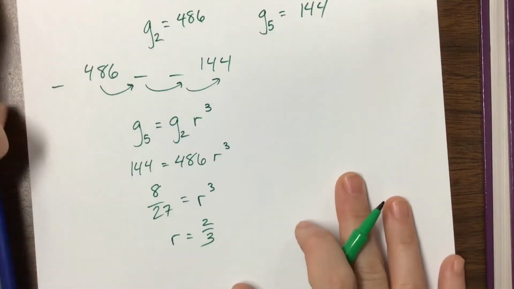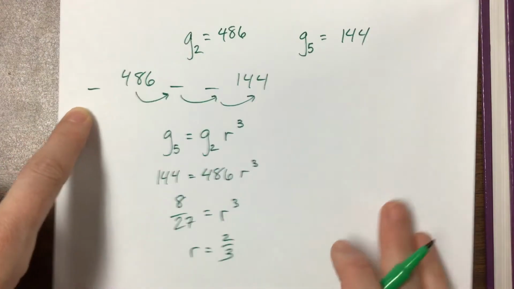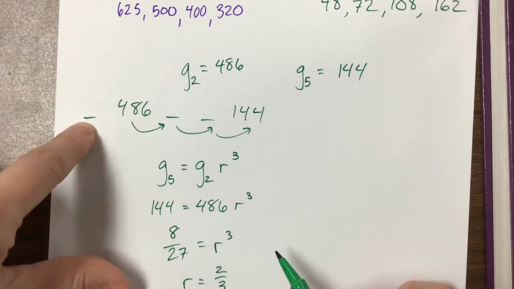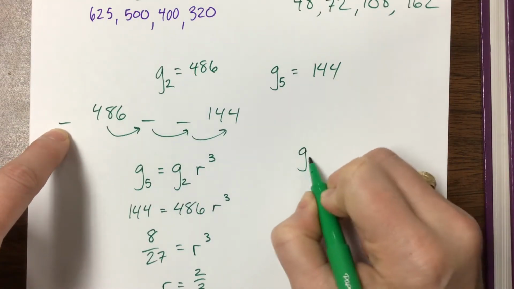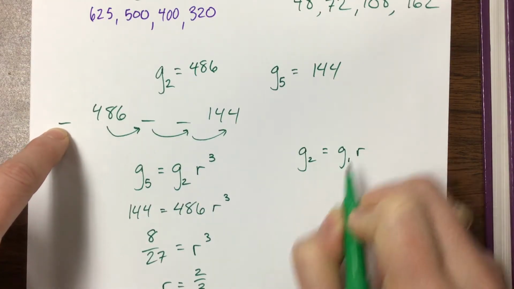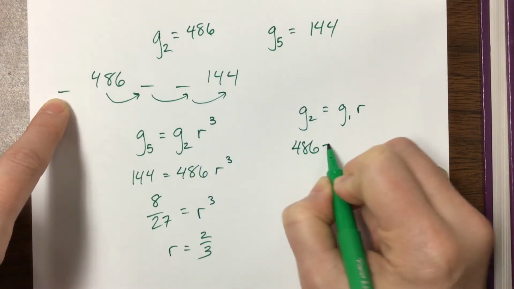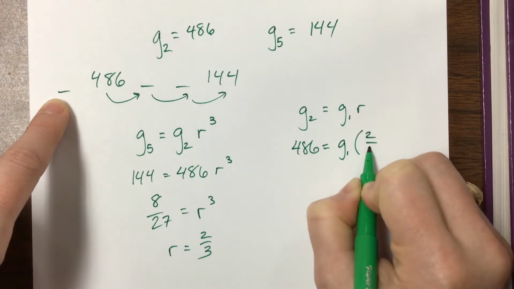Okay, so if I have that, now I need to figure out what the first term is. From here, I would just multiply by 3/2 to move backwards, but let's just get used to using the formulas. So g sub 2, which was 486, is equal to g sub 1 times r.